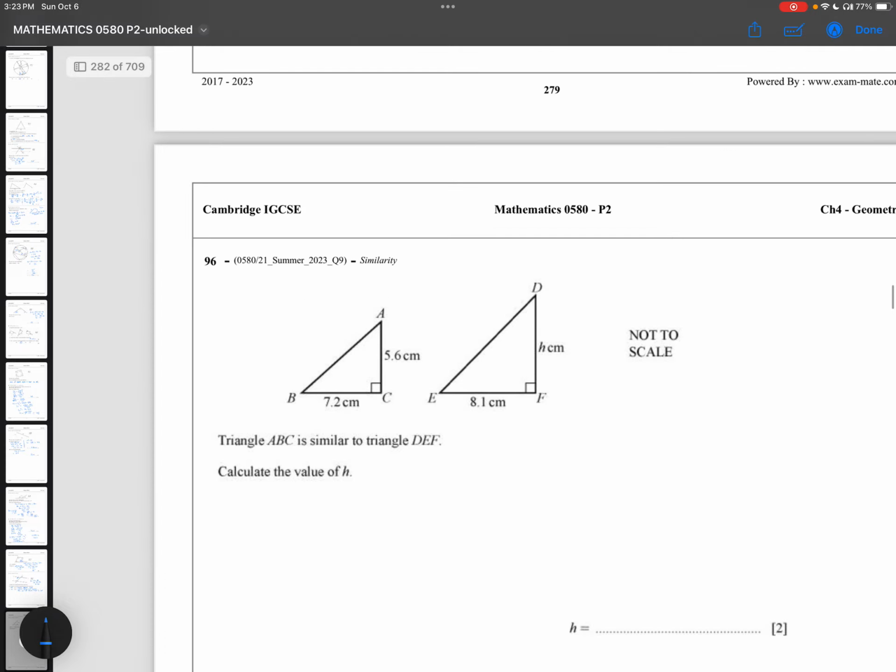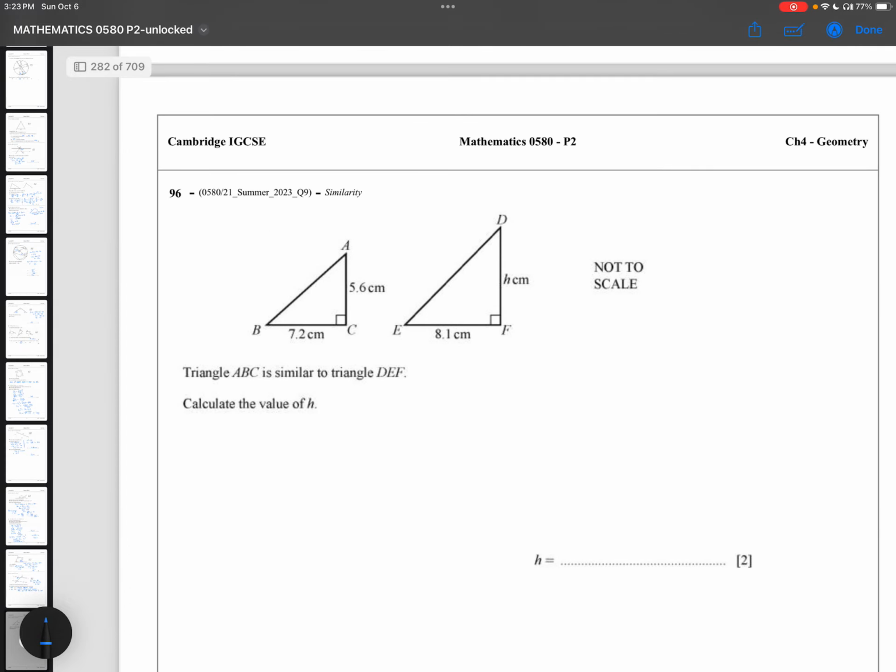Now question number 96. Triangle ABC is similar to triangle DEF. We need to find the value of h. Both the triangles are similar, and we have been given two sides in triangle ABC. So we need to find h. That's DF, right? So we will be using the ratio formula between similar figures. h is DF, and DF corresponds to AC.